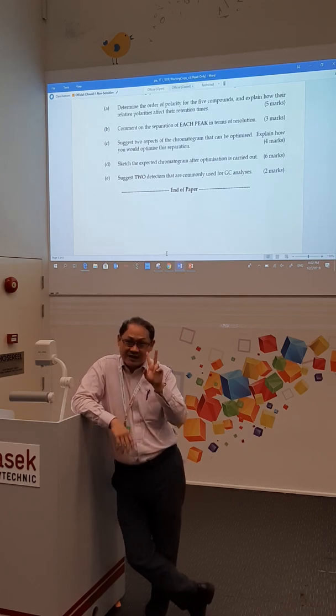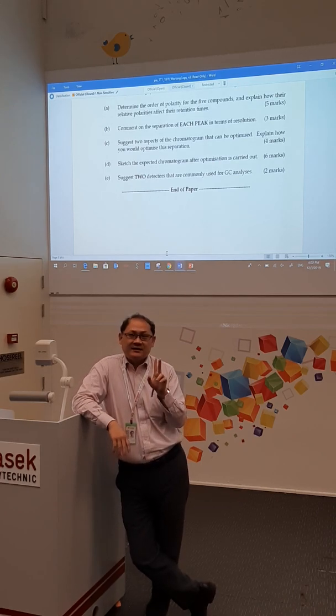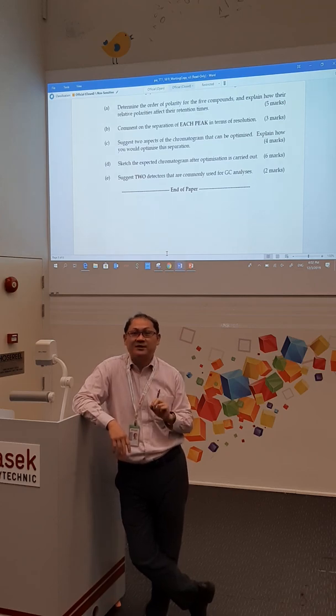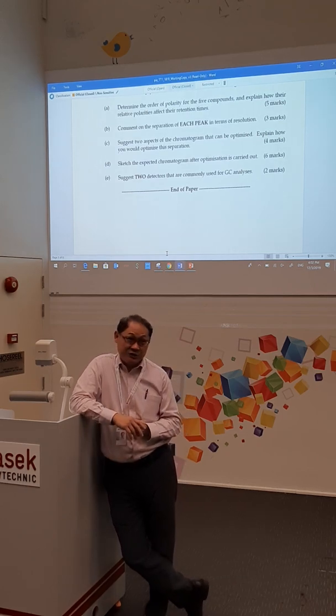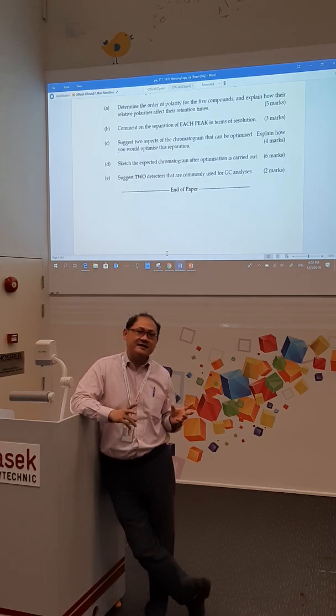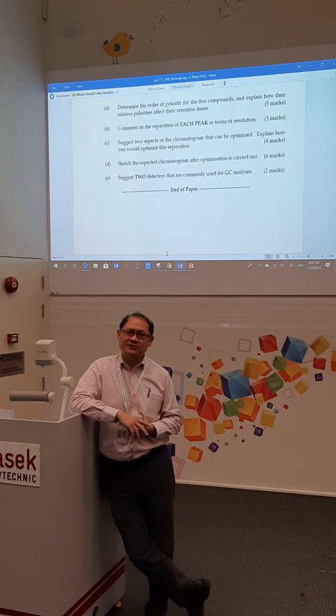There are two. One is usually you need to confirm or figure out what exactly is the compound in the product. That's called compound identification. And secondly, like the experiments you did previously, you need to figure out the quantity.